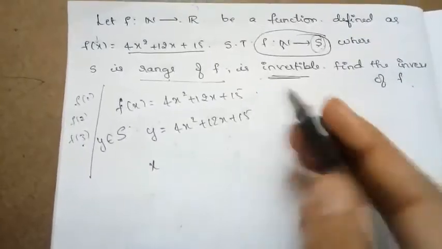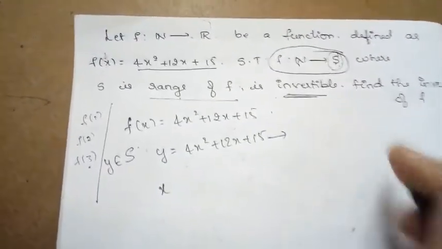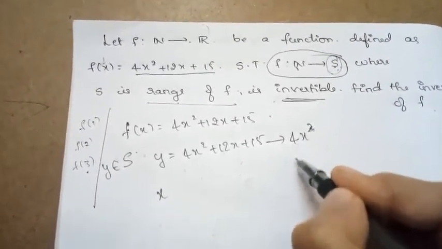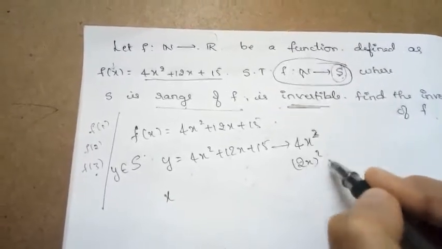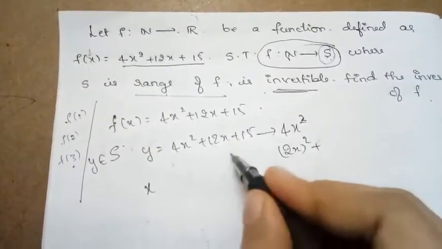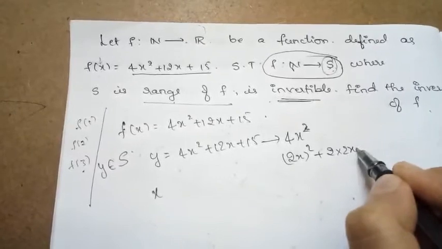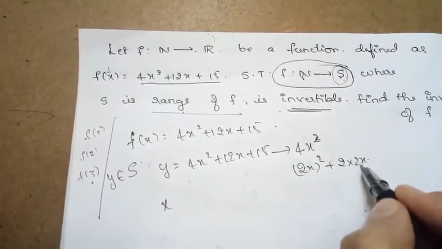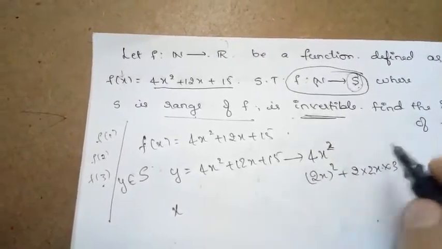To express this, first I will do the completing the square process. 4x square is 2x whole square, plus, to complete the square, 2 into 2x into what? To get the 12x, 2 twos are 4x, 4x into 3, 4 threes are 12x, we got 12x.